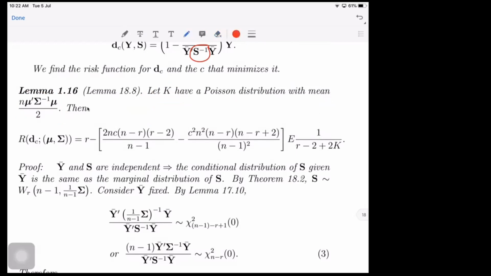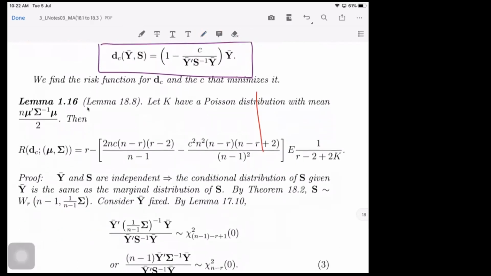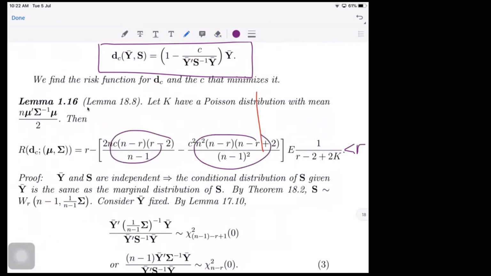And the risk associated by using this type of estimator here will be R times this one, and this one times the expected value of this. So we will be assured that this is less than R if all of these terms here are positive, no?